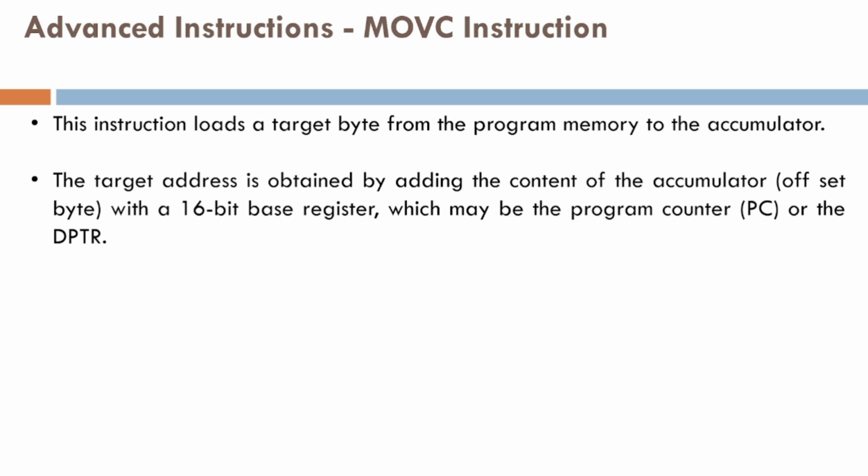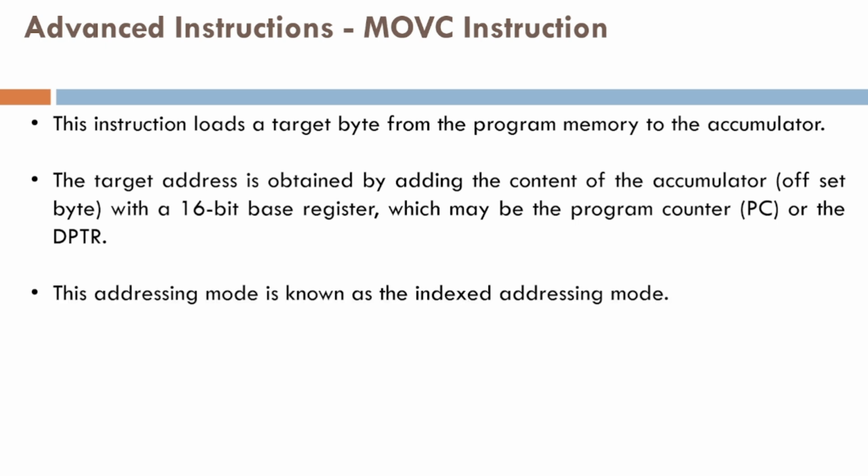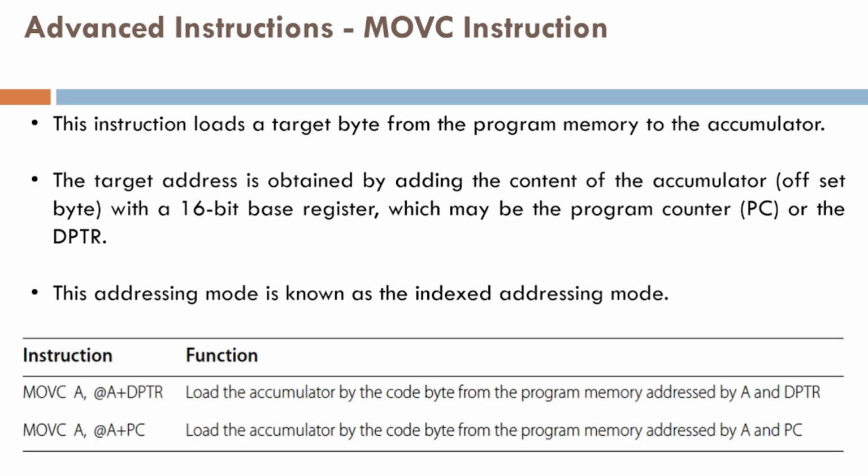Now let's move on. This type of instruction comes under the indexed addressing mode. Here are the two instructions that we are going to deal with. The first one is MOVC A, @A+DPTR.